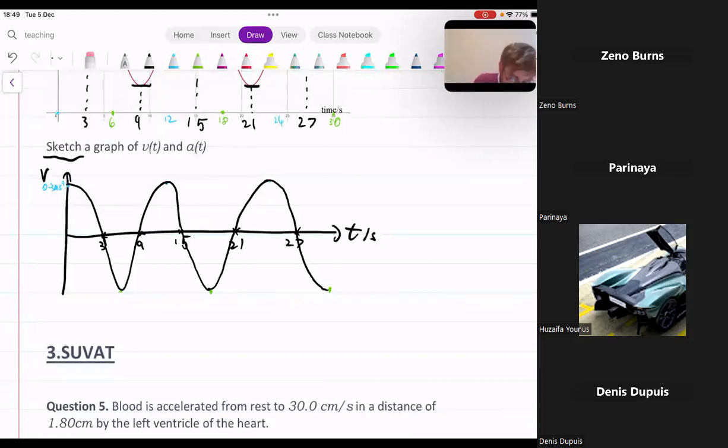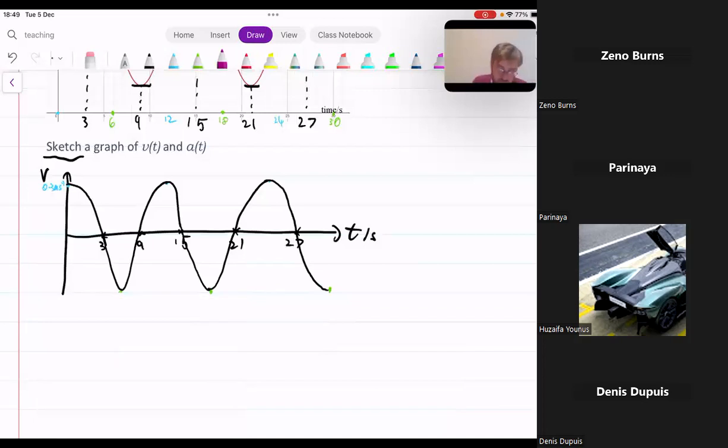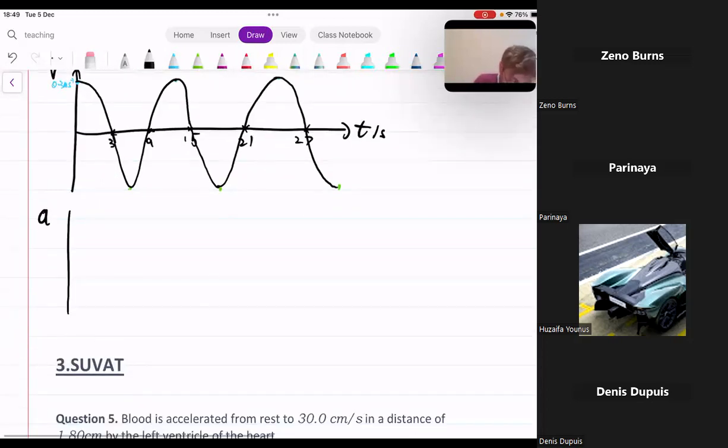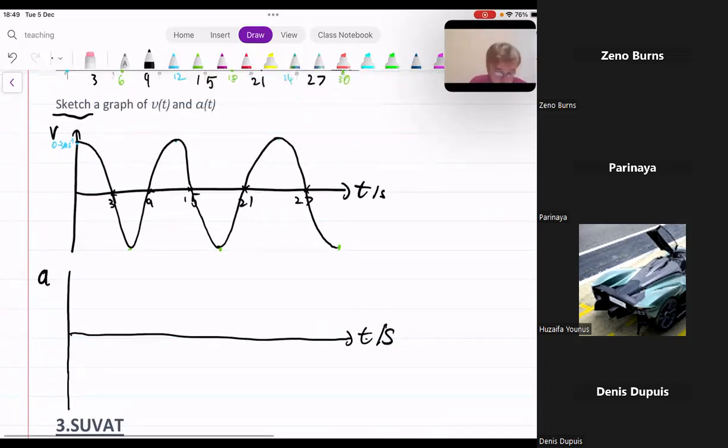Okay. Then finally, we want a graph of acceleration against time. Now, my graph is not perfectly drawn.